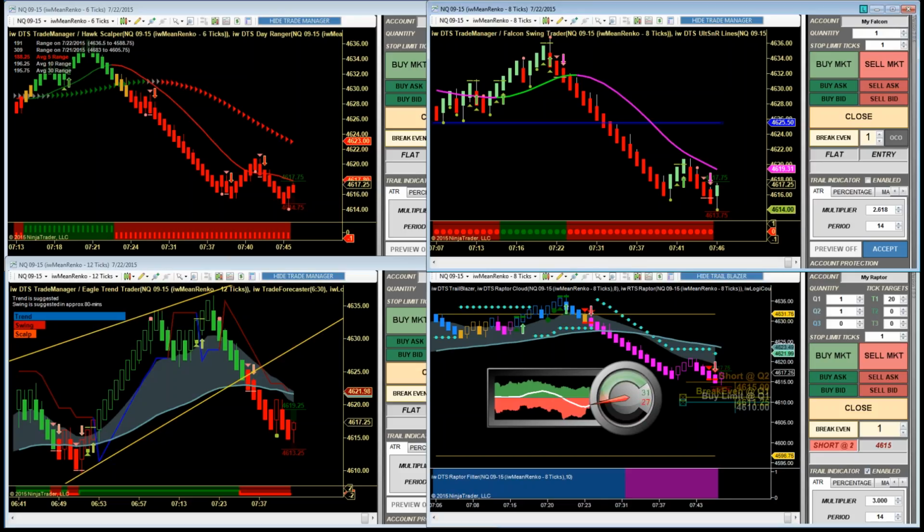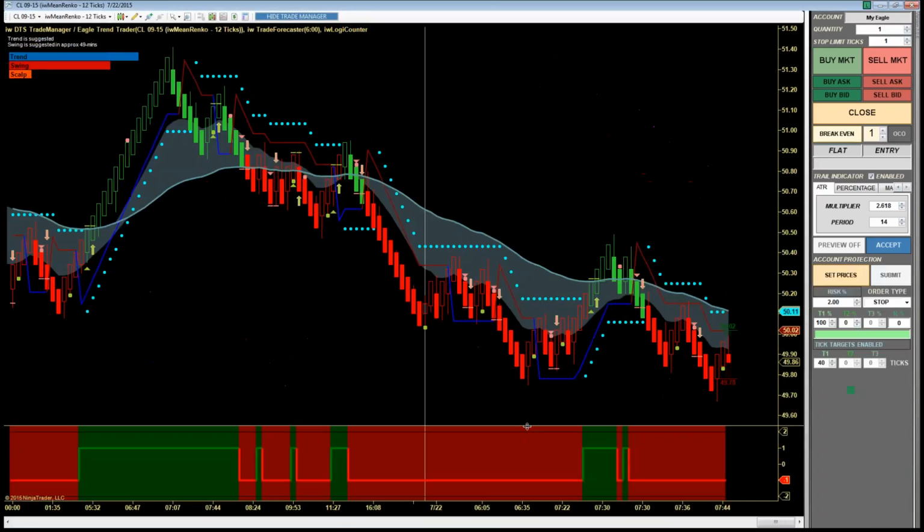And let's see, what else do we have going on here today? Here's crude oil once again, still kind of sideways. This is crude oil now on our Eagle. Nice green bar sell.